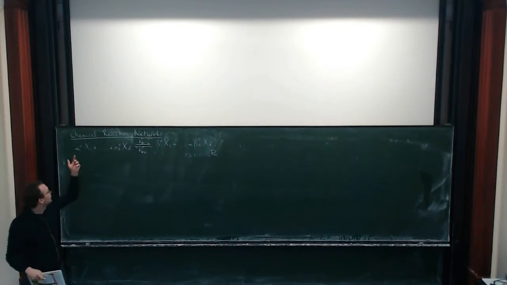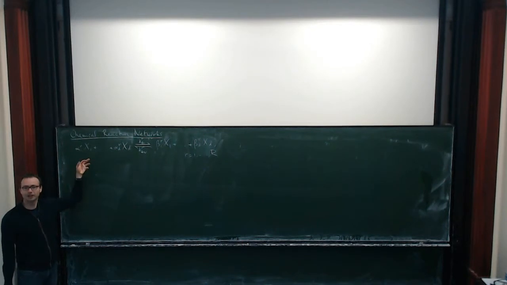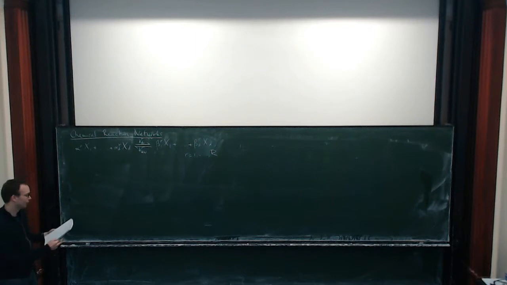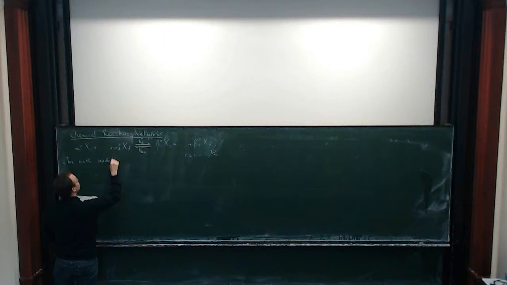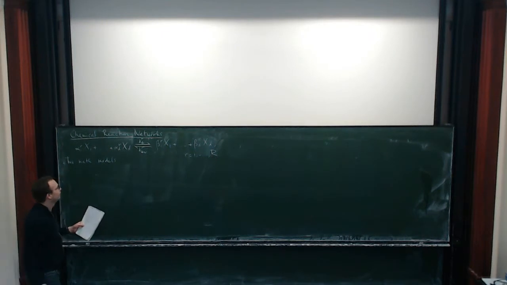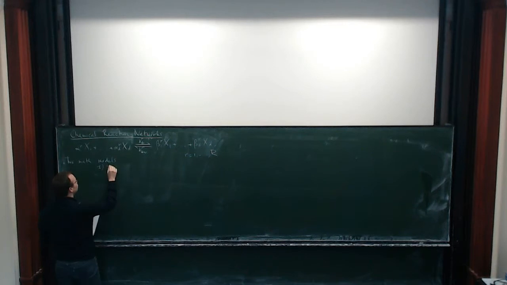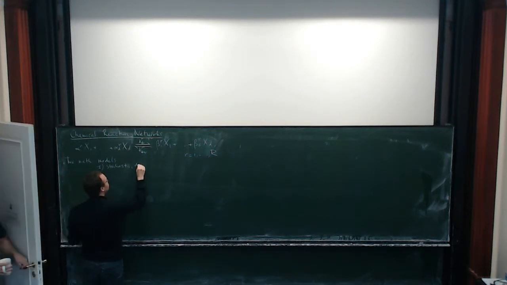So this is just the chemical notation, and then there are two mathematical models which are commonly used, and I would like to describe both of those. So, two mathematical models. The first of those is a stochastic model, and it's discrete.